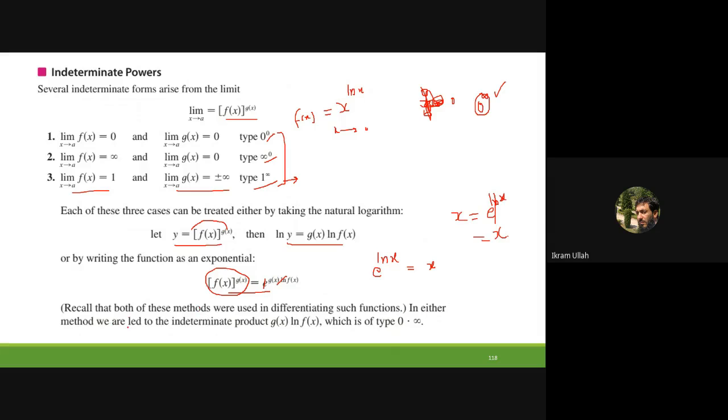In either method, we are led to an indeterminate product, g of x times ln of f of x, which is of type 0 times infinity. Then we can calculate the limit of the function by writing these two functions as a quotient instead of the product of two functions.